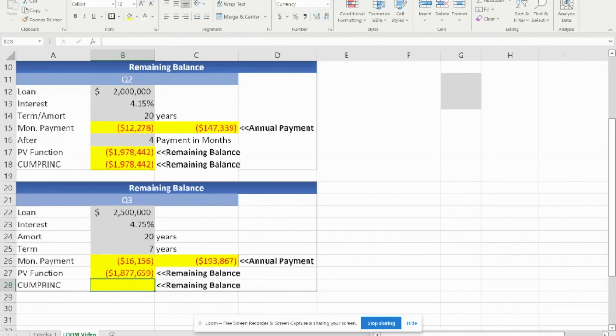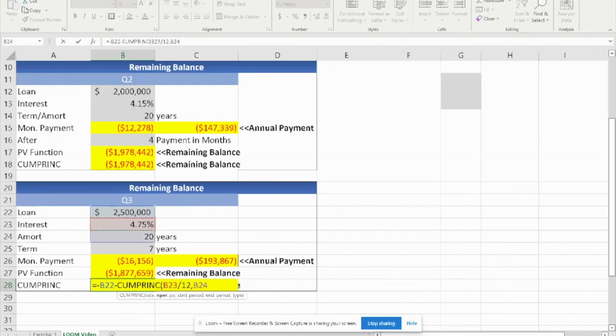And we're going to calculate the same remaining balance using the cum print function. It's going to be equal to the original loan amount minus cum print. And we're going to use the Excel hints here. Rate divided by 12. We're going to use number of payments. It's this times 12. The present value is the loan amount.